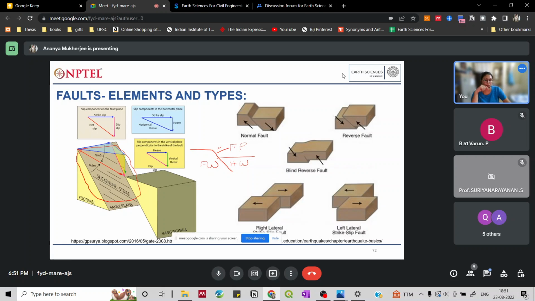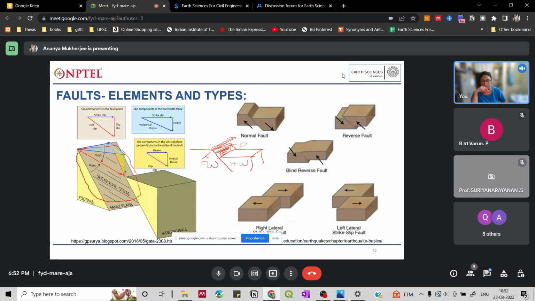Now suppose I make this into a block. Now this is your fault plane. We can see that the strike of the fault plane is like this. This is the horizontal line, this is the strike and it is dipping like this. This is the strike and then this is the dip of the fault.